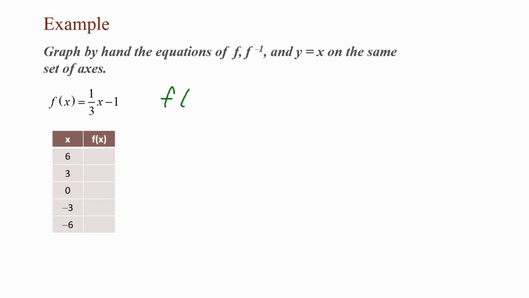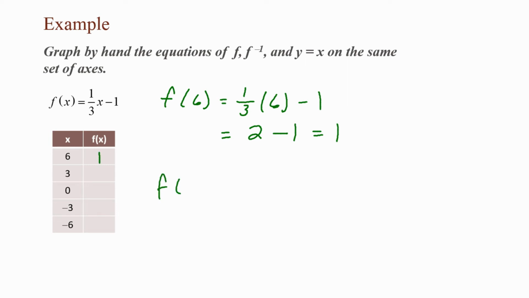Finding f of 6, that equals 1/3 times 6 minus 1. 1/3 times 6 equals 2. 2 minus 1 equals 1. So my first ordered pair is (6, 1).